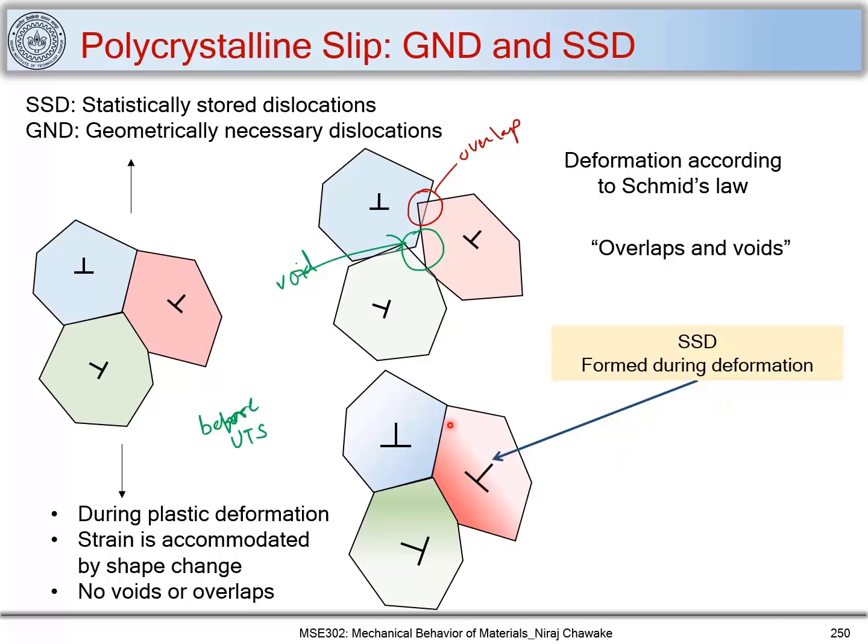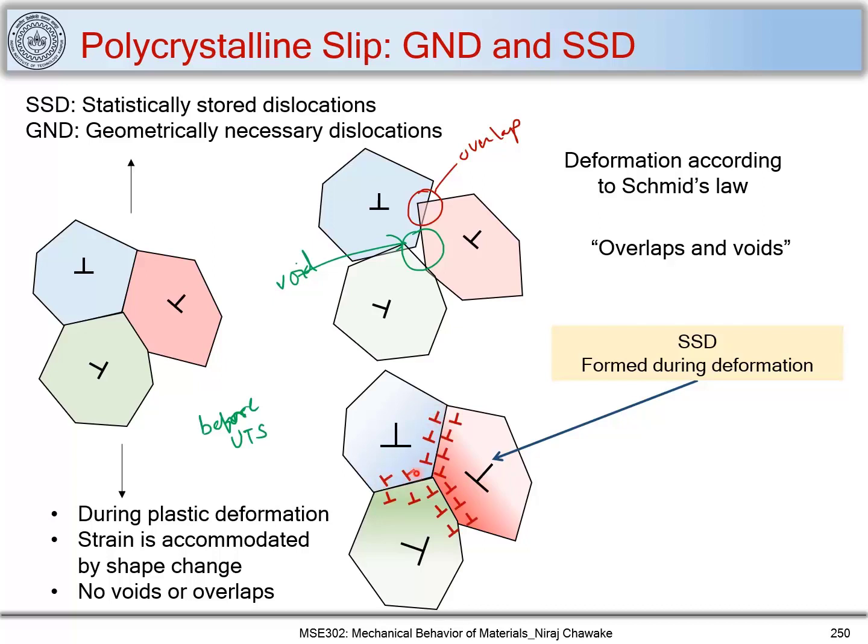And now we can see that these grain boundaries can be represented or modeled using dislocations. Also, the geometrical compatibility between these two grains can be explained using some dislocations or structure of dislocations. Let's say like this.